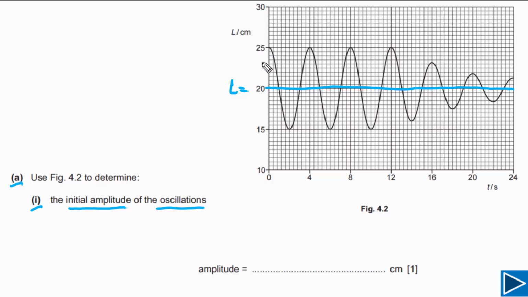So the maximum displacement of this trolley from equilibrium is 25 minus 20. So that is 5. So it's better to write 5.0 centimeters. So this is the initial amplitude of oscillation. This question has only one mark, and that is the answer mark. If you have written 5.0, you will get this 1 mark.